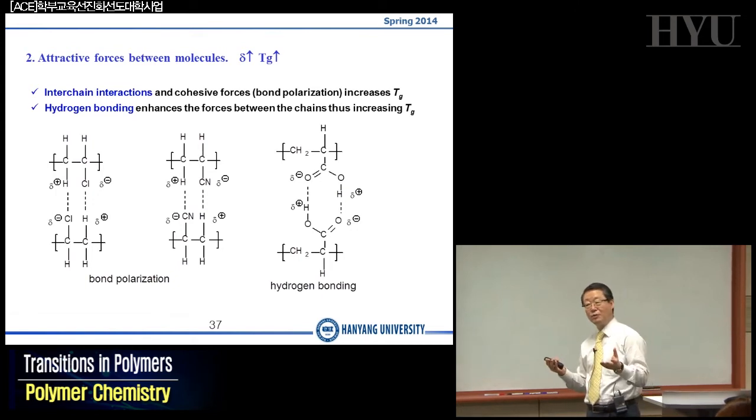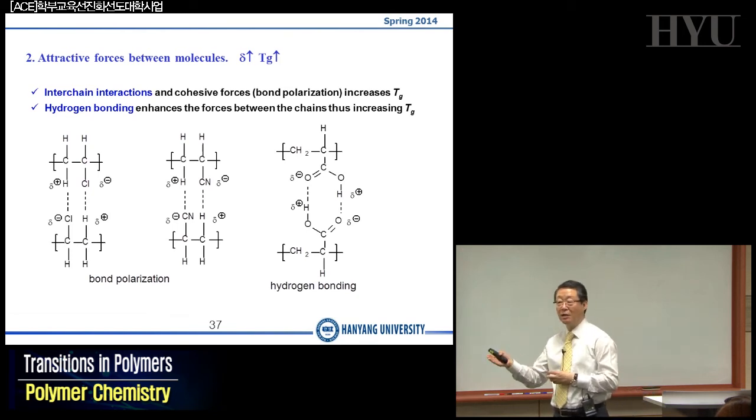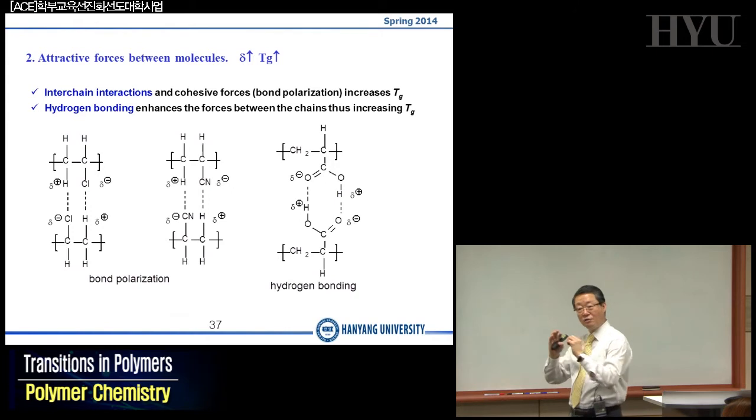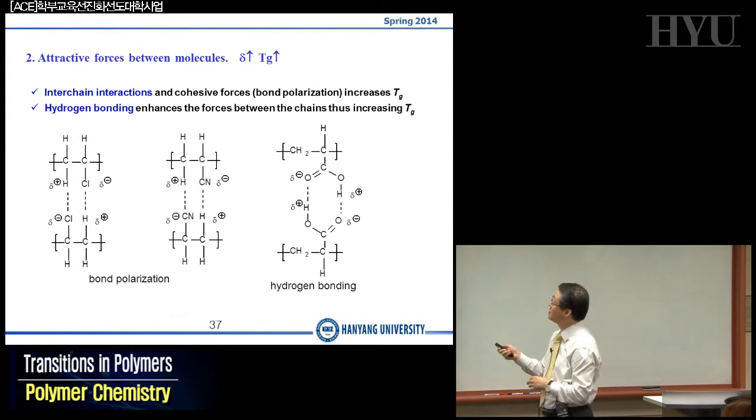And if you have those dipole-dipole interactions and polar bonding, you can expect higher glass transition temperatures than a material without these types of attractive forces. So high attractive forces increase the glass transition temperature.